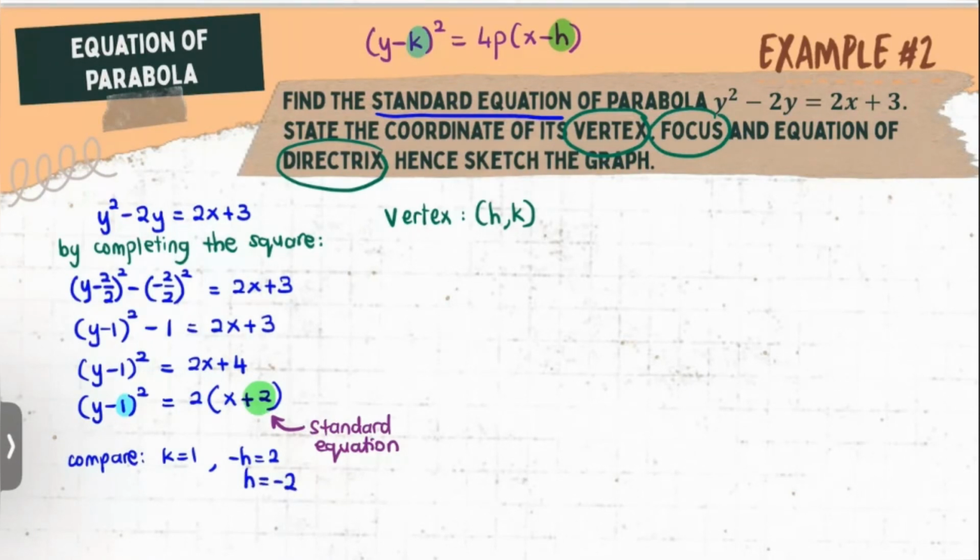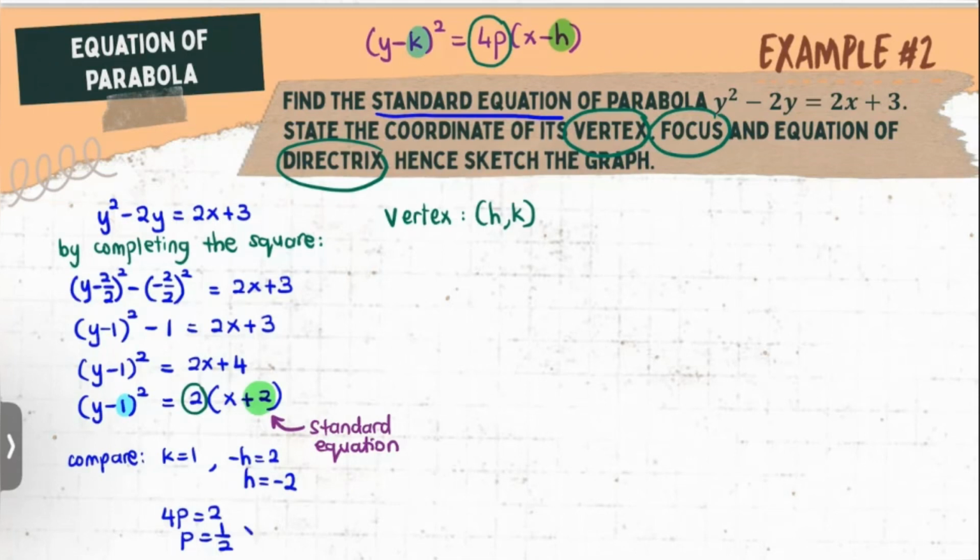Tapi sebenarnya kalau kamu terus tulis h equals to negative 2 pun tak ada masalah lah. And then another one, saya terlupa, 4p. 4p kita akan compare dengan 2. So 4p is equals to 2, that means p adalah half. Okay, so p kita half.